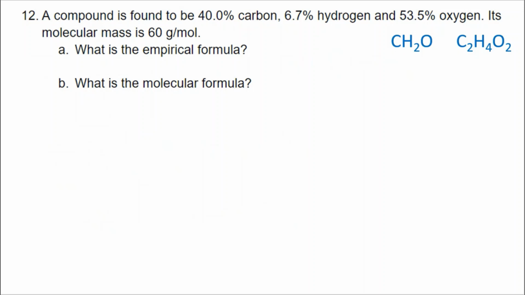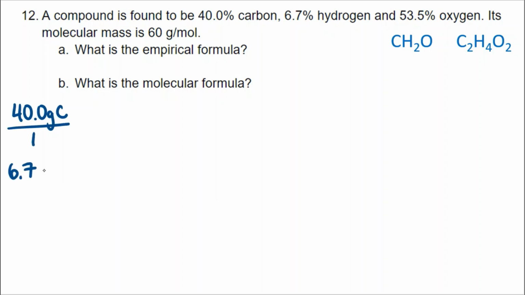Okay, so this last question, we're going to do it all. We're going to get the empirical formula and the molecular formula. So this compound is 40% carbon. So we're going to assume that we have 40 grams of carbon.